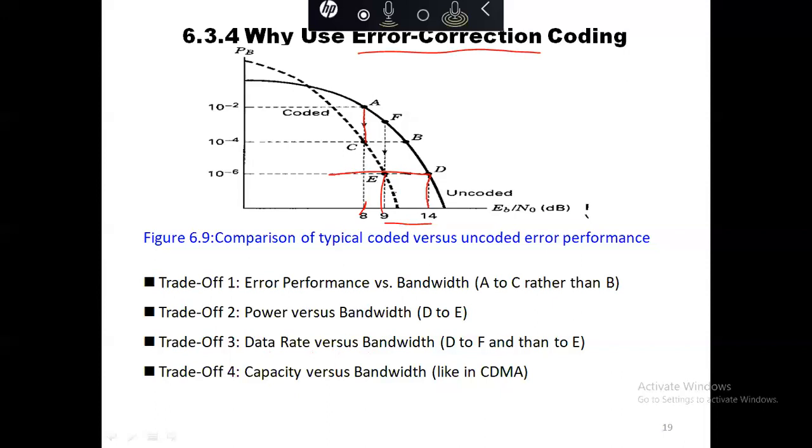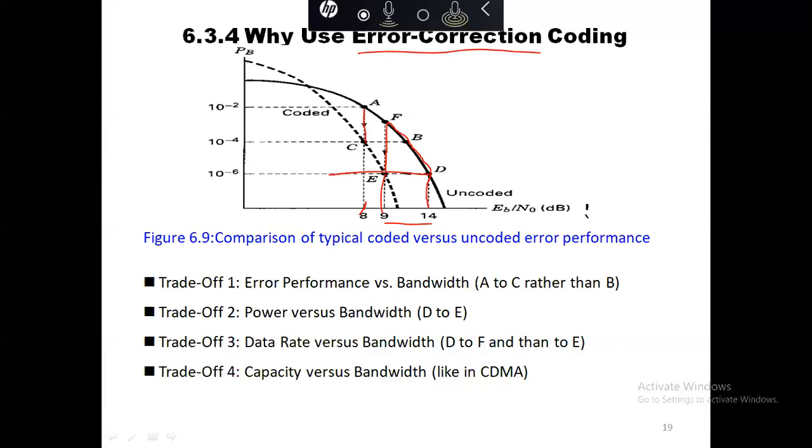And also there is a trade-off between data rate and bandwidth. So we can go here up. You can see that this is in fact the data rate, which is improved, and that data rate can be achieved at the cost of higher bandwidth.